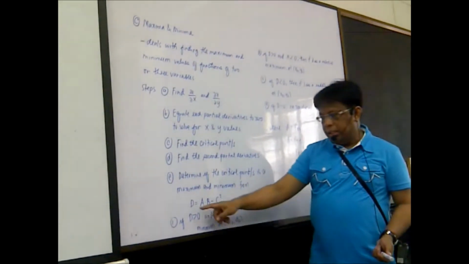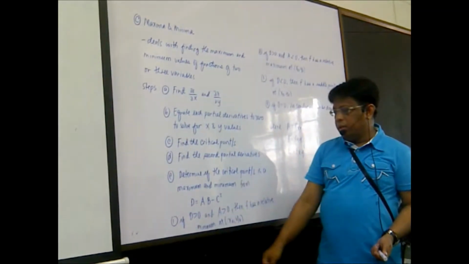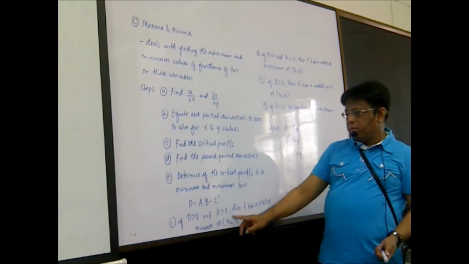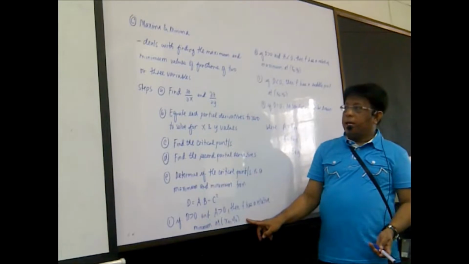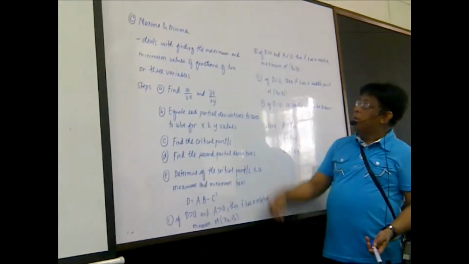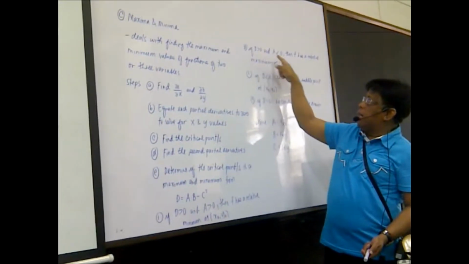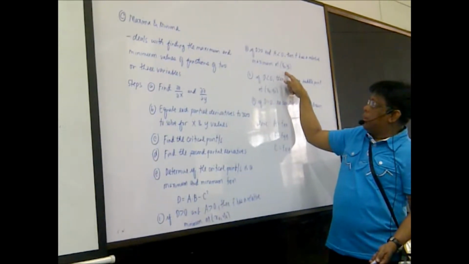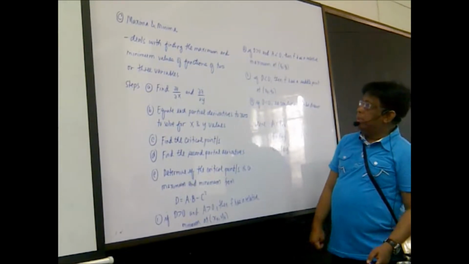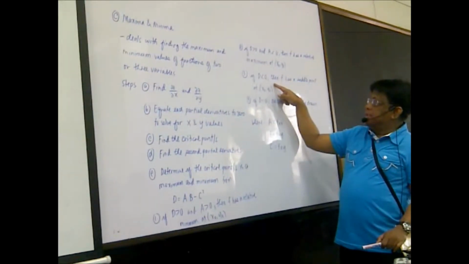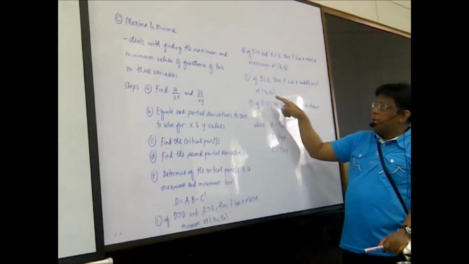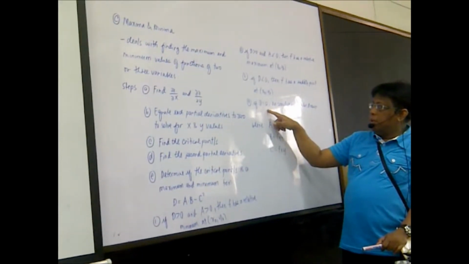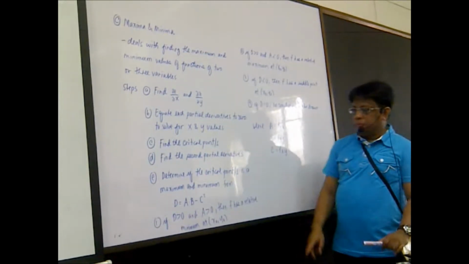Now if the t value here is greater than 0 and a is greater than 0, then f has a relative minimum at the given point, x sub 0, y sub 0. Then if t is greater than 0 and a is less than 0, then f has a relative maximum at the given point x sub 0, y sub 0. Then if t is less than 0, then f has a saddle point at x sub 0, y sub 0. If t equals 0, no conclusions can be drawn.